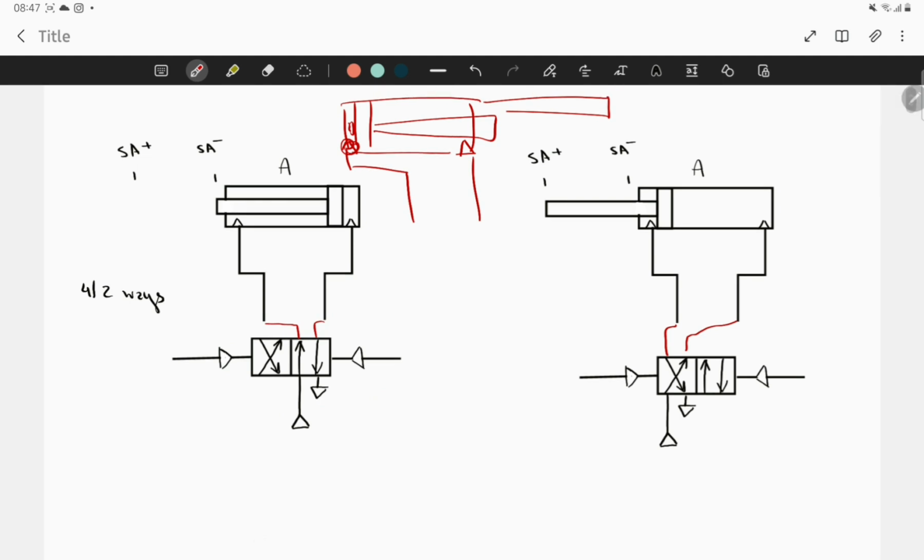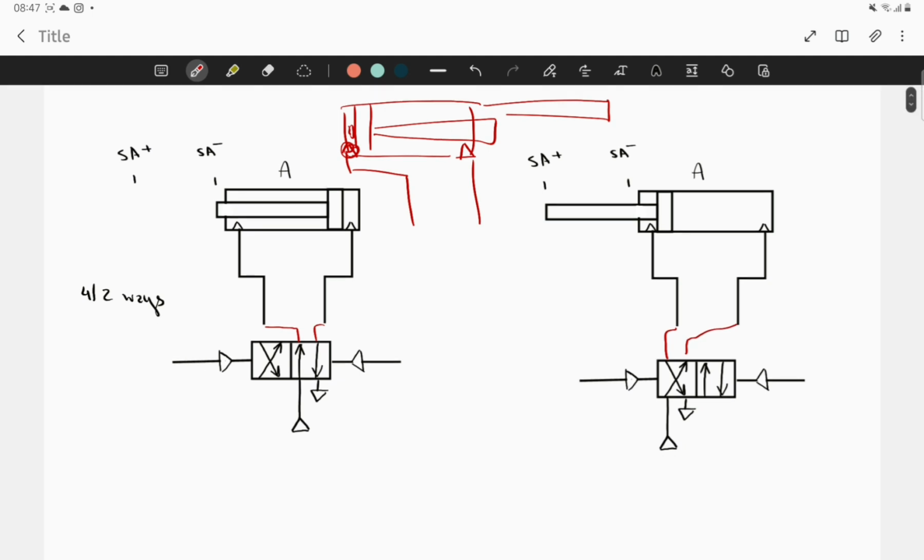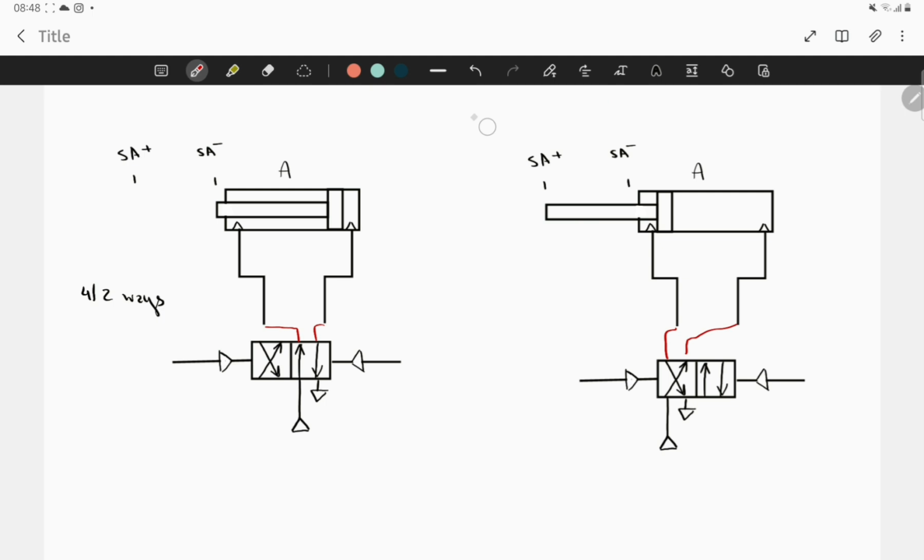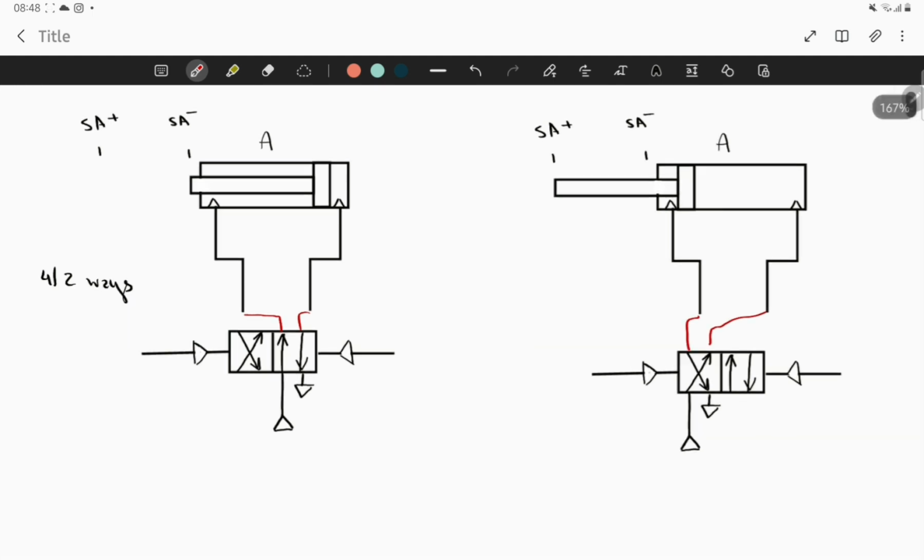So the activation is applying pressure here, like this. For the activation, it would need to be like this, and for the deactivation, it would need to be like this. So you need to make sure that this is drawn correctly, because this probably will take a lot of points out of you in the exam.